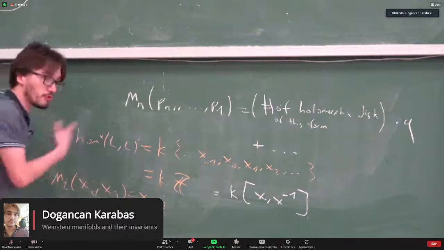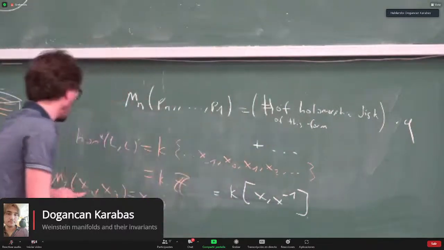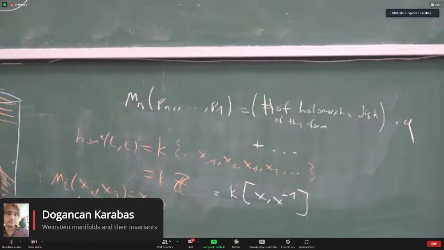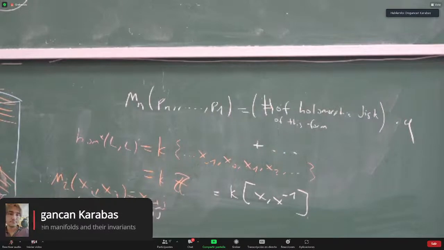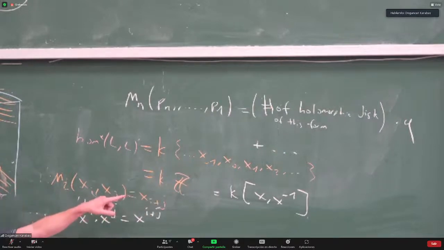So instead of writing x sub i, it's like x to the power i, because x to the power i times x to the power j is x to the power i plus j. These intersections are generated by x and x inverse. For example, this intersection I call 1, this is x squared: mu2 of x with itself gives you x squared.